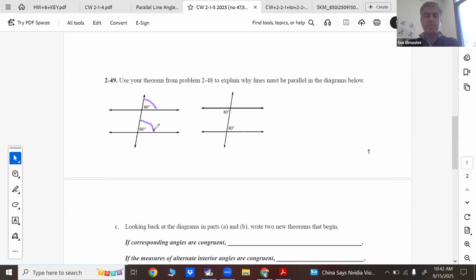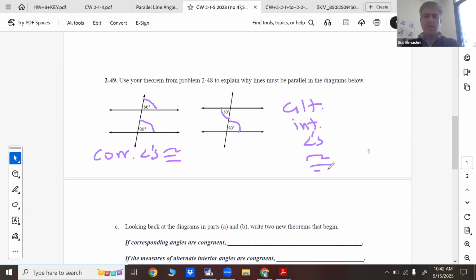If those are the same, explain why they're parallel. That's because corresponding angles are congruent. Here, those are the same because alternate interior angles are congruent. So just like how we saw same side interior add to 180, you got parallel lines. Same thing here.